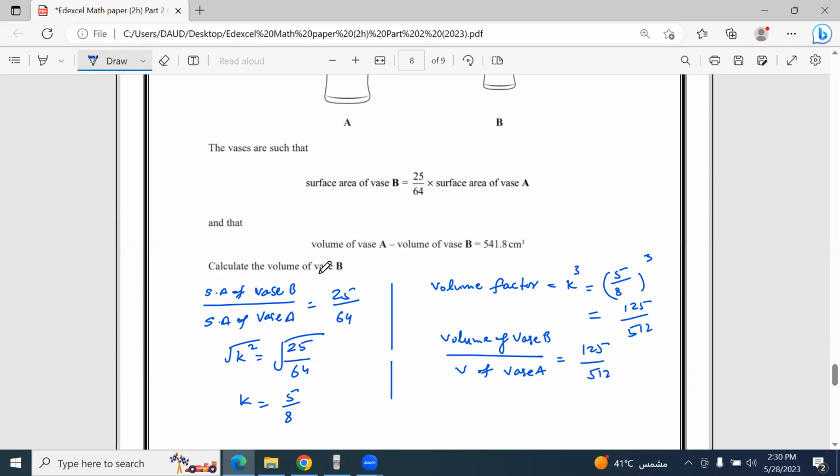As we are looking for the volume of vase B, I will find volume of vase A from here.